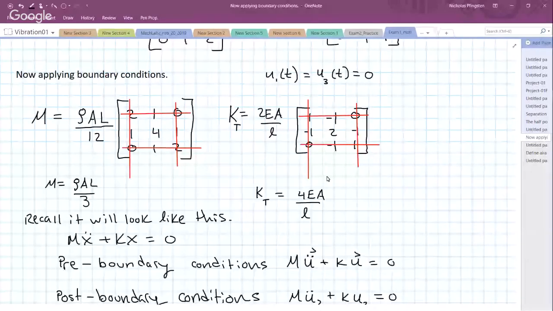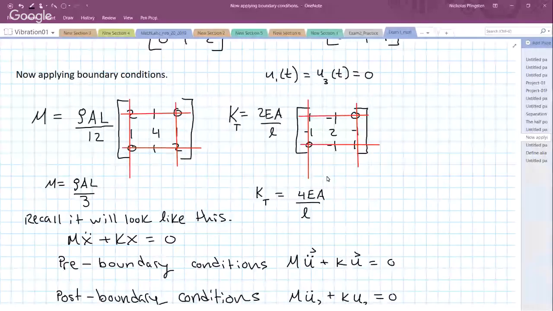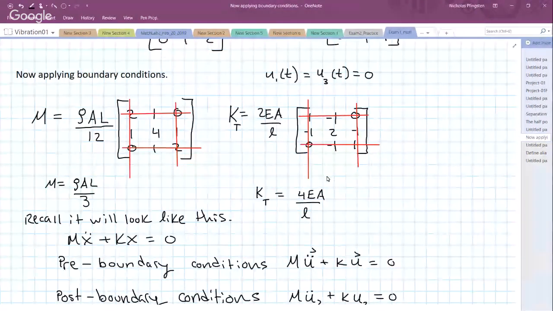In this case, it looks like it was divided by 3, so I multiplied everything in here by 3. Got it? And then here, it looks like I multiplied everything by 2, so I had to divide everything out here by 2. Now my coefficients match up for the stuff out in front of the matrices, so adding them up is easy. This is now my system mass matrix.